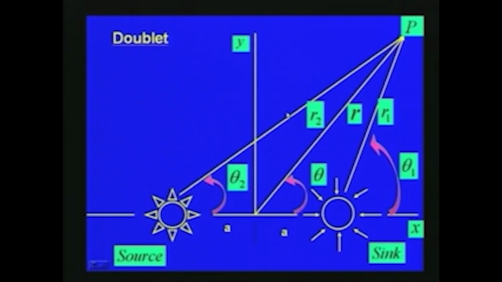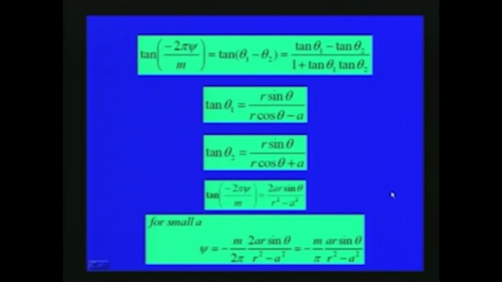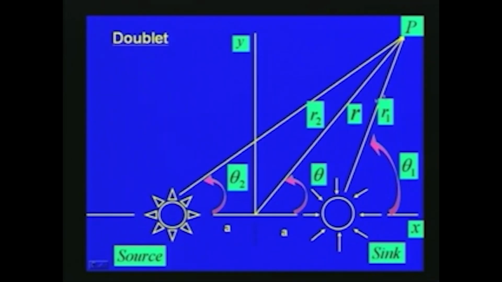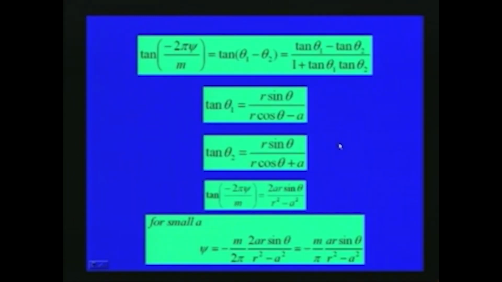So tan θ1, with respect to the previous figure, we can write tan θ1 is equal to r sin θ divided by (r cos θ - a). Here r is defined in the figure.